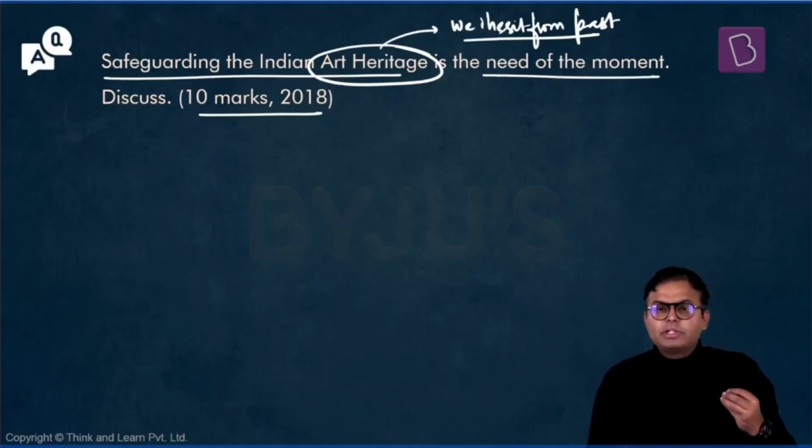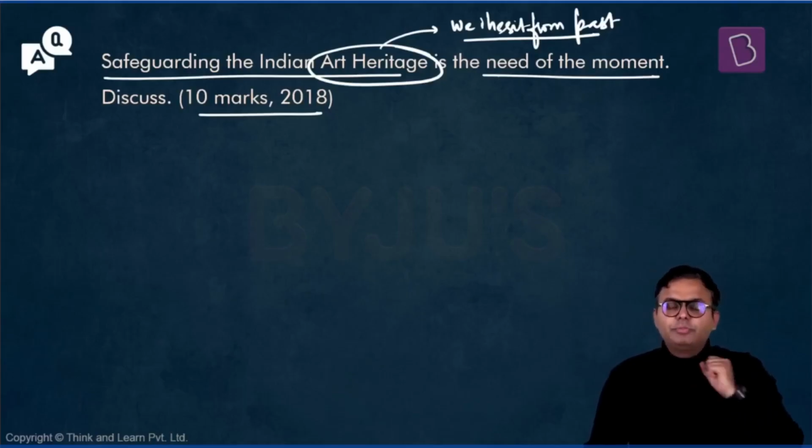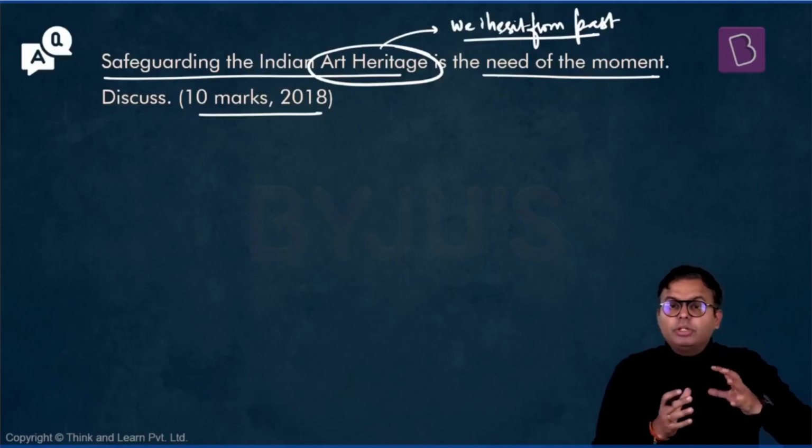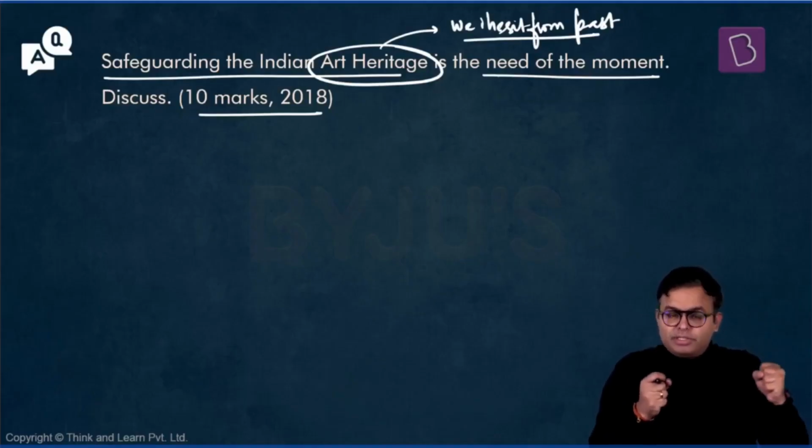So many times we find that certain dialects are declining because people don't speak them. I come from Bihar, and I find that people from the Darbhanga region who have settled in Delhi do not speak the Darbhangia dialect, or people from Madhubani do not speak the Madhubani dialect. That is a matter of threat, because art is basically what links the present with the past.